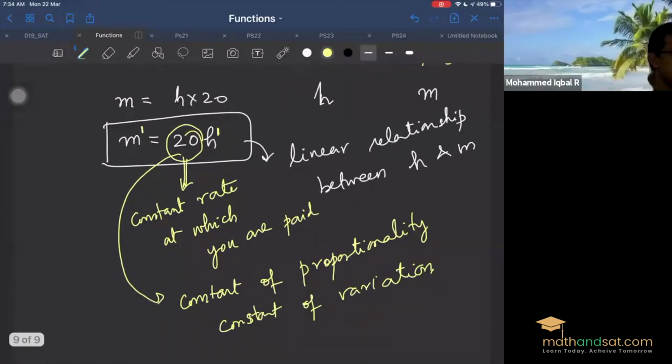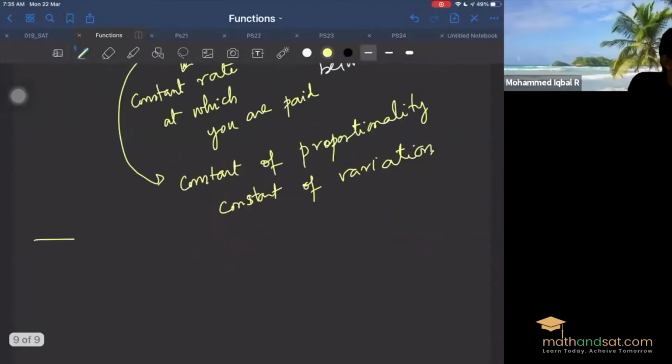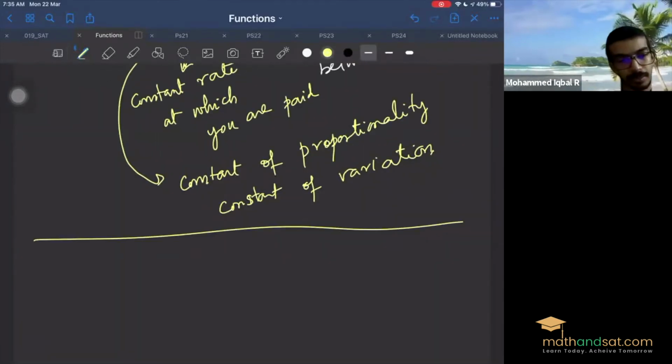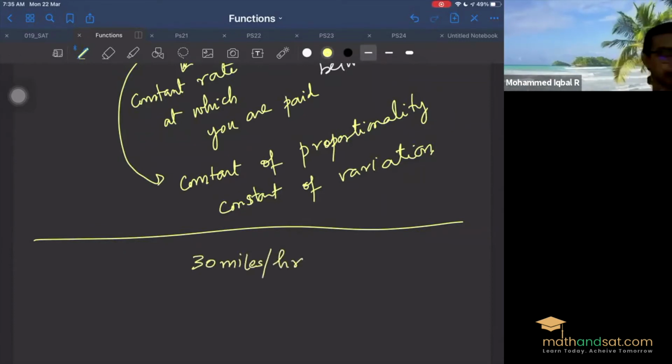Another example, I'll give you another example. Say you're driving a car, okay? You are driving at a constant speed of 30 miles per hour, right?